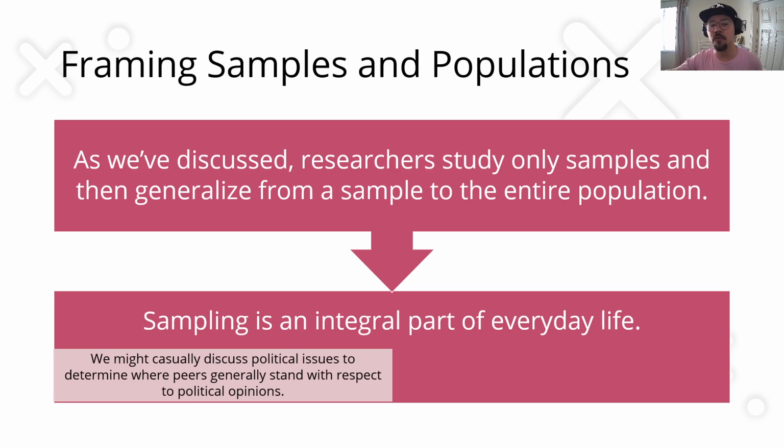If I ask friend A what their thoughts on a particular idea are and friend B on a different thought, I'm collecting samples around this idea. Technically, I'm trying to move towards whether or not those ideas are reflective of the population at large.